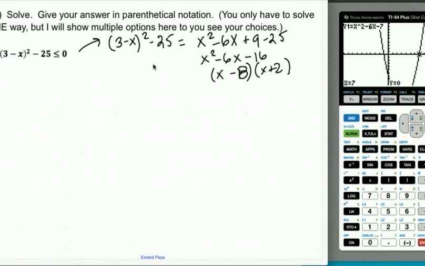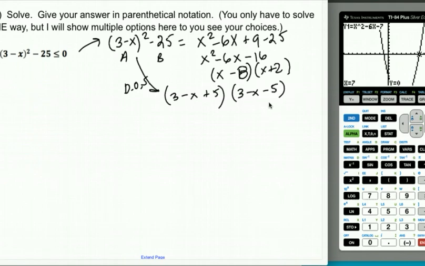And so then you're going to get x minus 8 and x plus 2. That's fine. The other way you could do this is to recognize that this is a difference of squares, where your a is 3 minus x and your b is 5. So you'd get a plus b times a minus b. And if you did that, you'd get a negative x plus 8 and a negative x minus 2.